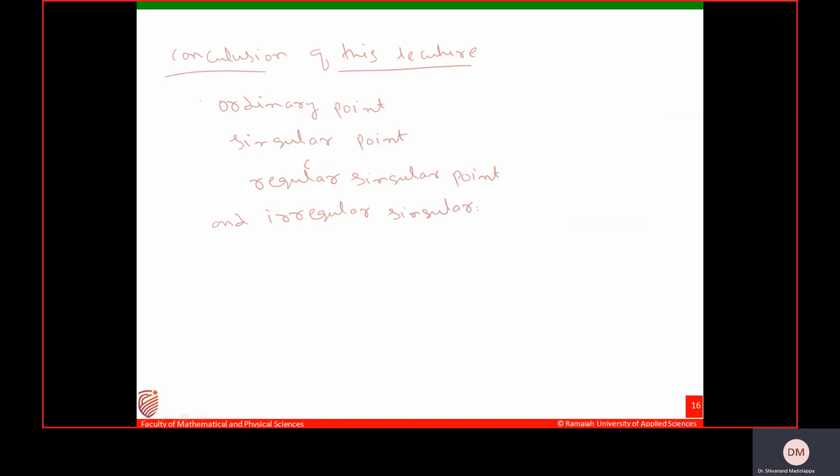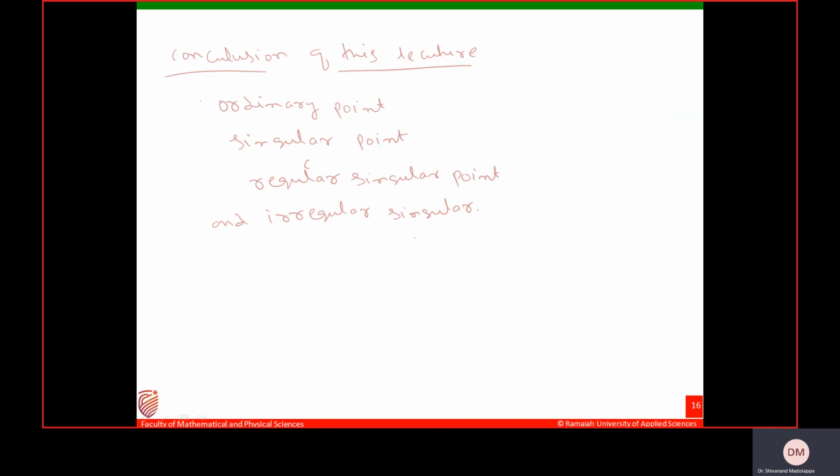If we want to find the power series solutions of a differential equation, first we have to find out whether it is an ordinary point, a singular point, or a regular singular point. Already we discussed how to solve the power series solution at an ordinary point. In the next class we will discuss solutions of differential equations at a singular point or regular singular point.